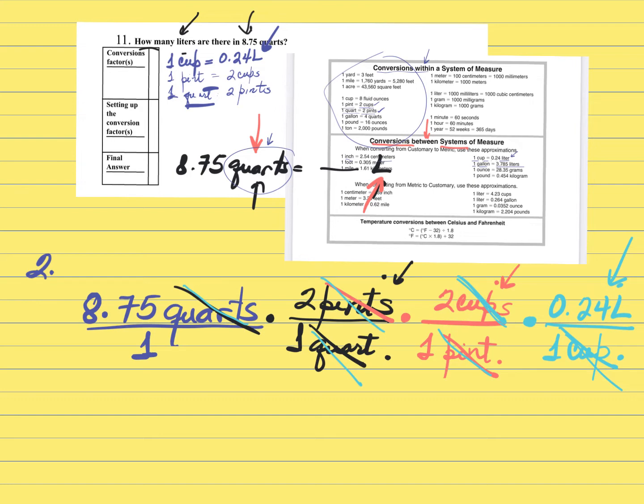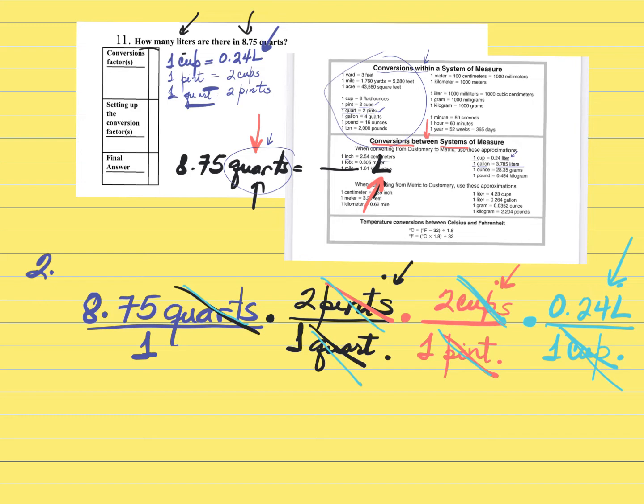That technique that I just used, multiplying by a conversion factor after analyzing the units of measurement, is called dimensional analysis. And we're going to be using that technique during the entire school year.